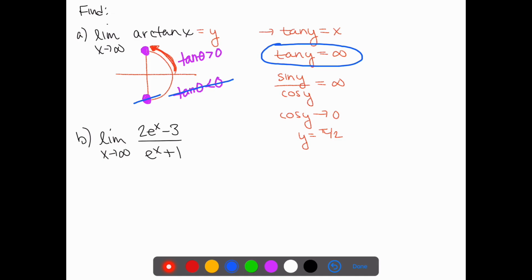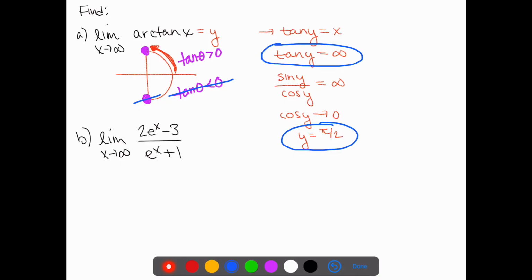But we want to know what angle gives us a positive infinity, so we're really only worried about quadrant 1. Tangent is positive in quadrant 1, and so the angle that has a cosine of 0 would be pi over 2. So when our angle equals pi over 2, tangent is going to go to infinity.